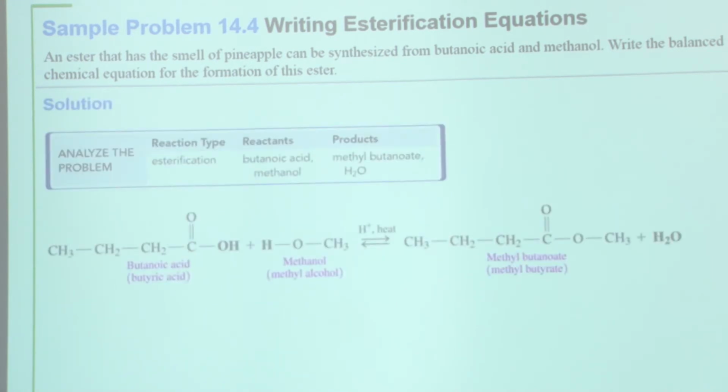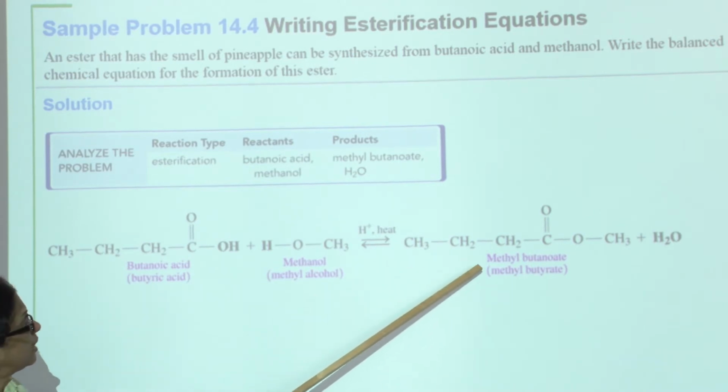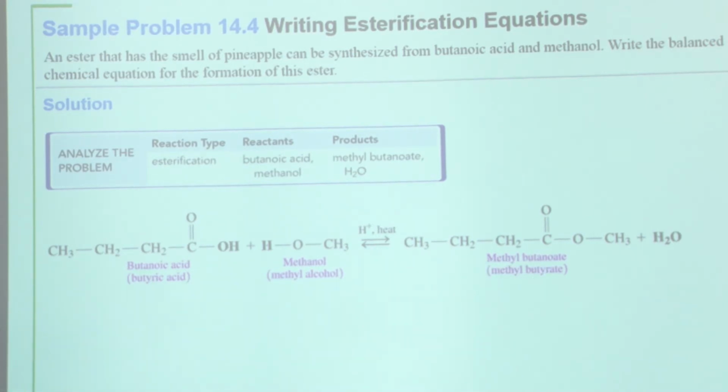So liberating a water molecule, esterification is formation of an ester. Esters, if you go back and review, are formed by acids and alcohol molecules combining with the liberation of a water molecule. So this is esterification. Okay. So butanoic acid, methanol, methyl butanoate is an ester.